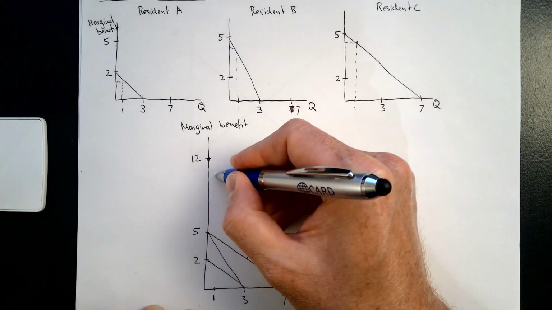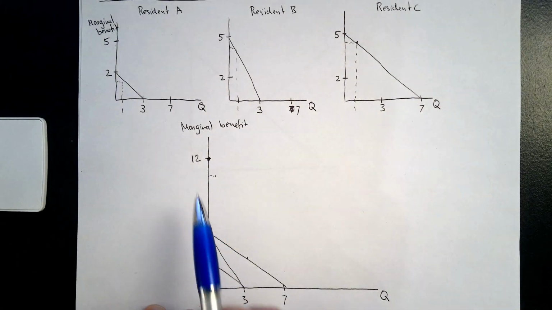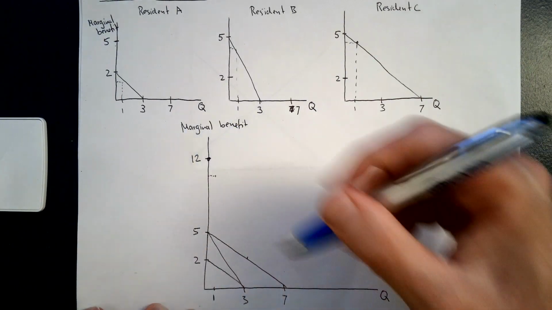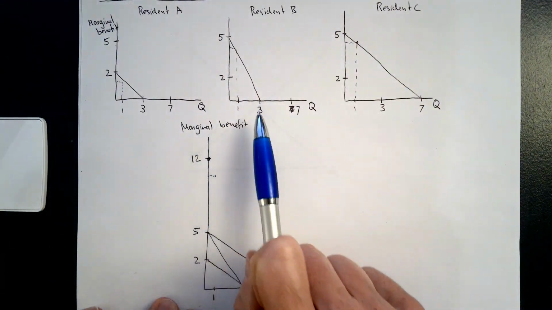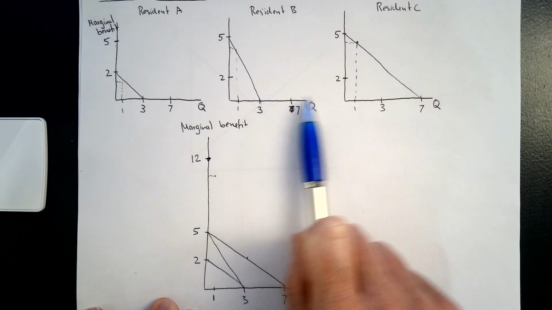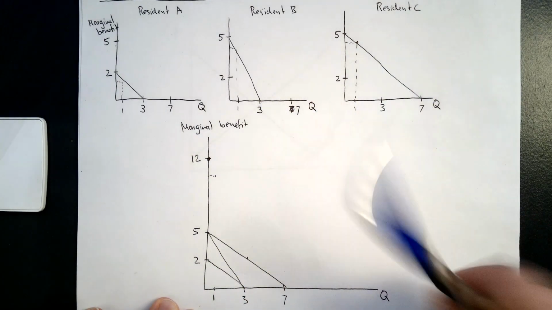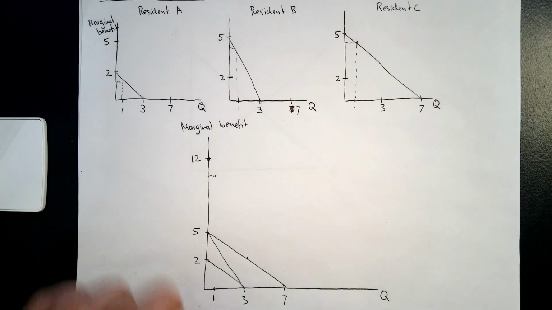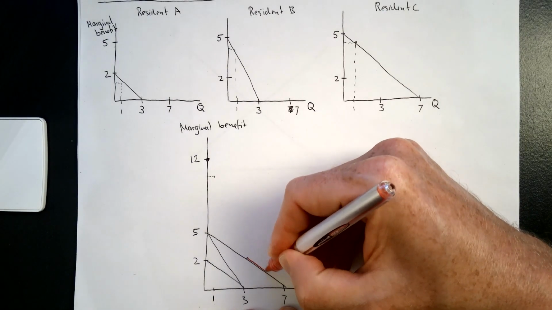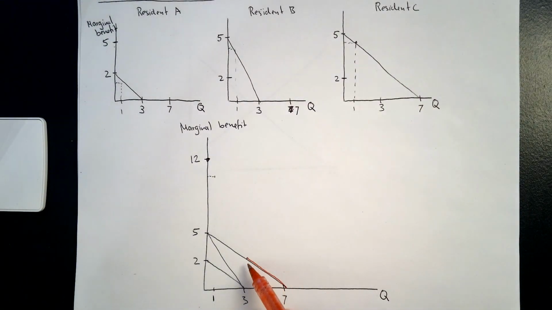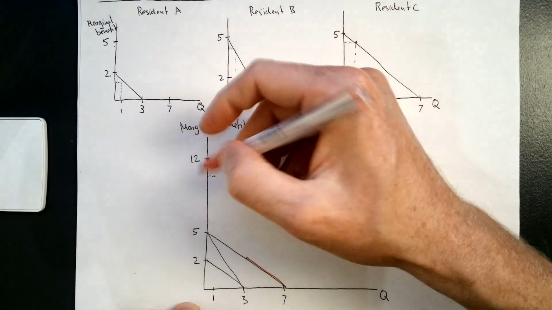So you have somewhere the marginal benefit from the first unit up here, and you can do this for all the units. Note that after 3 units, it is only resident C who is getting the additional benefit. So the societal marginal benefit would go all the way up to 3, because we only now have resident C. But if we go below that, it's also resident A and resident B who are receiving the benefits.